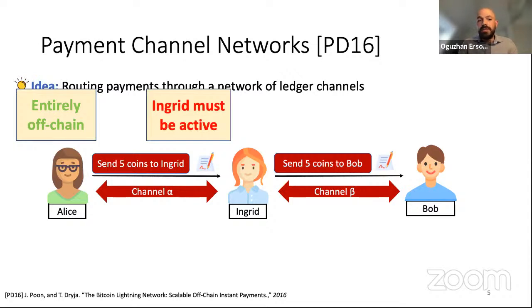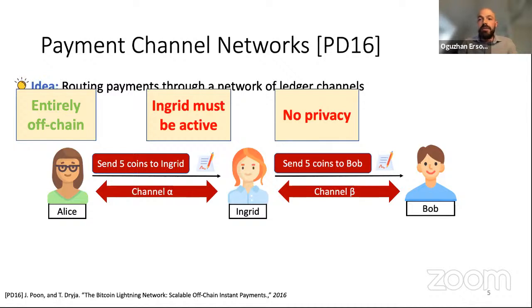But this system has some drawbacks. One of them is that Ingrid needs to be active and online during this process, because Ingrid needs to update her channel with Alice and her channel with Bob for every transaction happening between Alice and Bob.